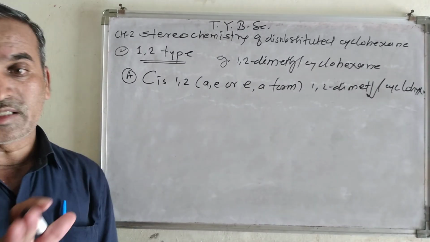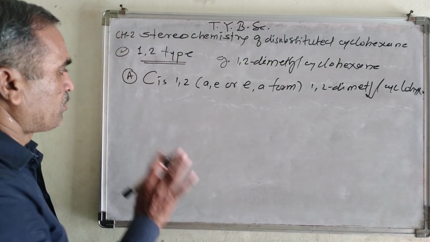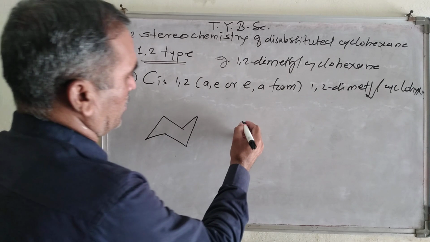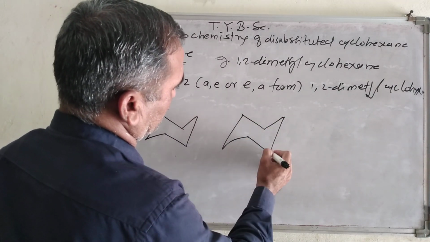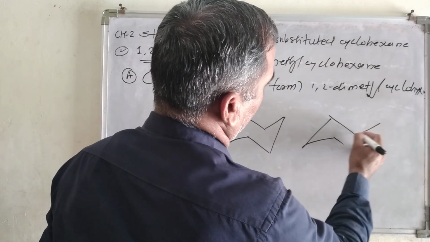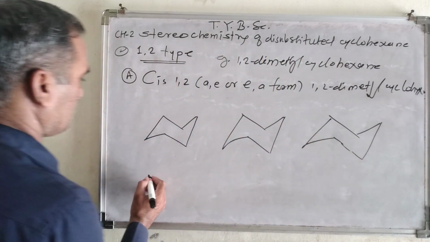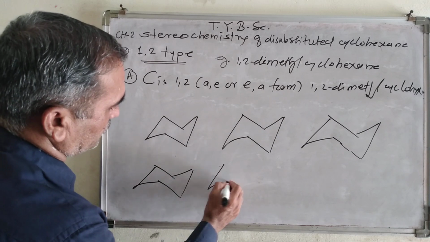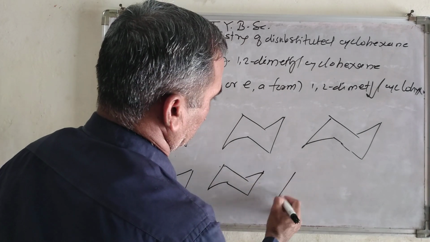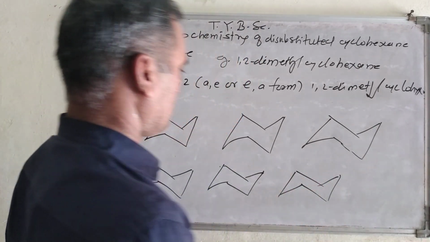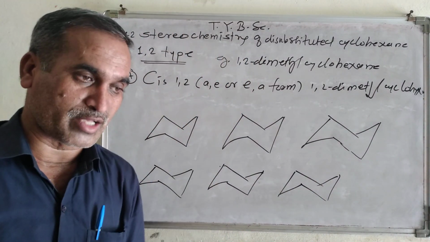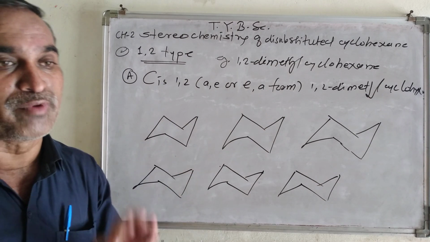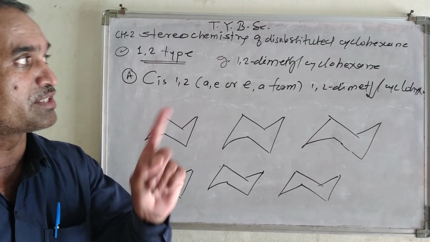Let me clear this concept. I am drawing some compounds randomly, to give you the idea of how to find geometrical isomerism in cyclohexane, because 1,2, 1,3 and 1,4 all show geometrical isomerism in the form of cis and trans.